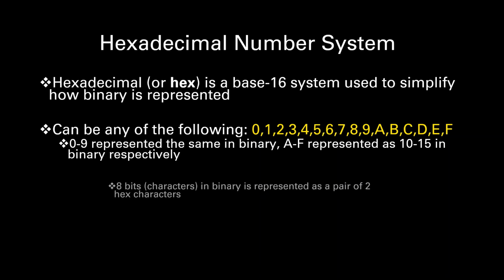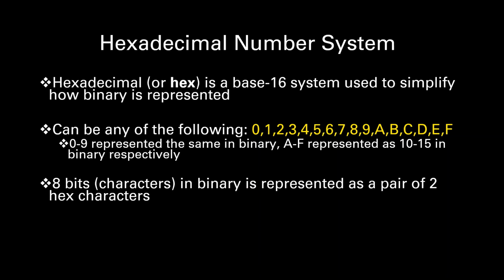And each hexadecimal character represents 4 bits of binary. So if you put 2 hexadecimal characters together, a pair of hex characters, you get 8 bits of binary, which is also known as a byte, which is 1 unit of binary data. To best understand this, we have to work through an example.